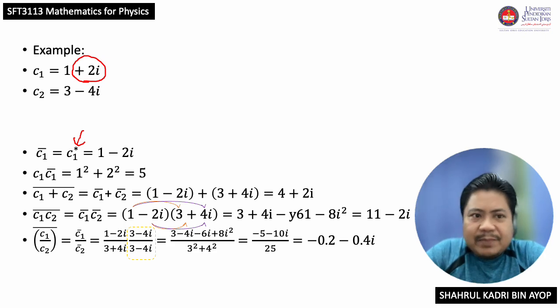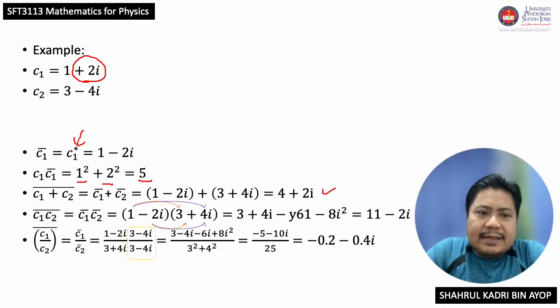From the previous property, the multiplication of a complex number with its conjugate gives a pure real number. Then by using the identity here, you will get finally 4 plus 2i.